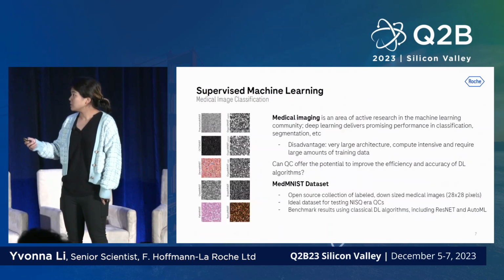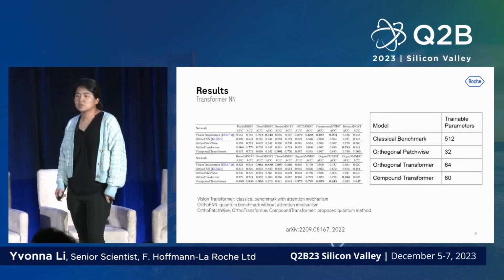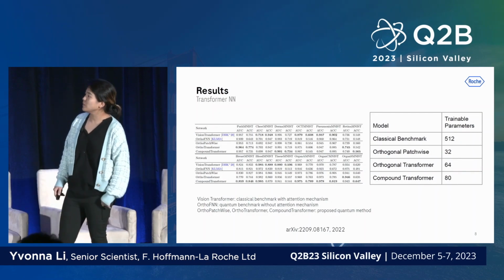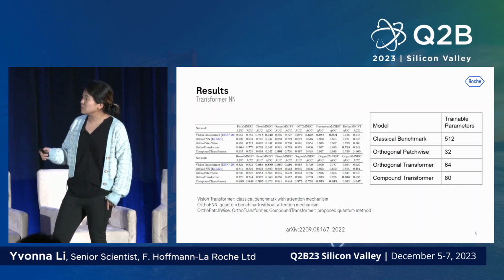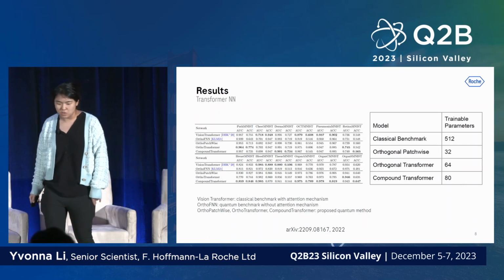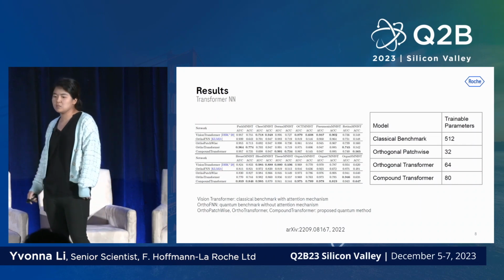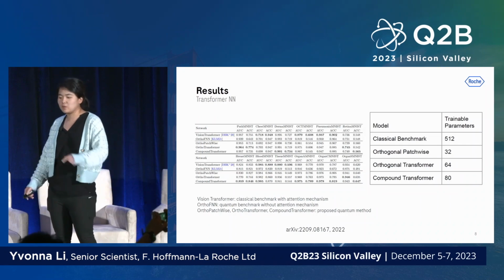Here is an overview of the results. As I mentioned, we used MedMNIST, and on all 12 datasets, we benchmarked our proposed solution against, first, the vision transformer, the original classical transformer architecture. On the second row, you can see an implementation of a quantum architecture without the attention mechanism.